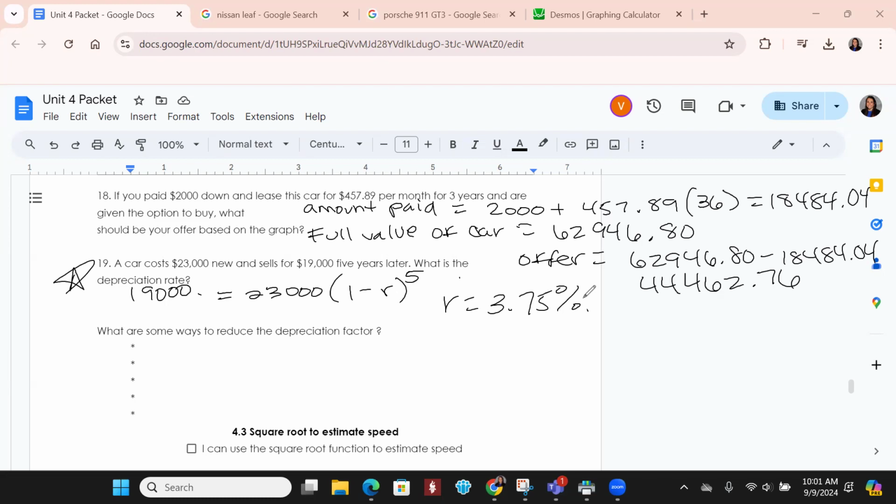There's some ways to reduce the depreciation factor. Say it again. Buy an older car. Okay. Maybe purchase something more reliable. Keep mileage down.